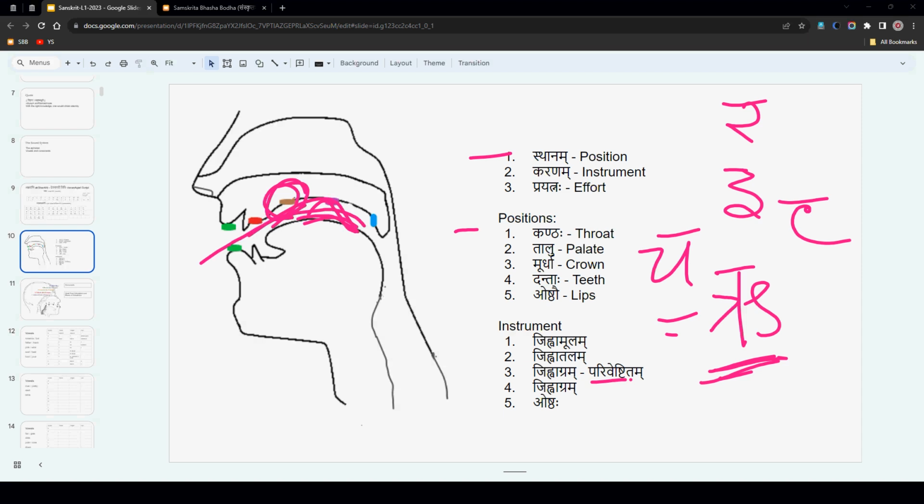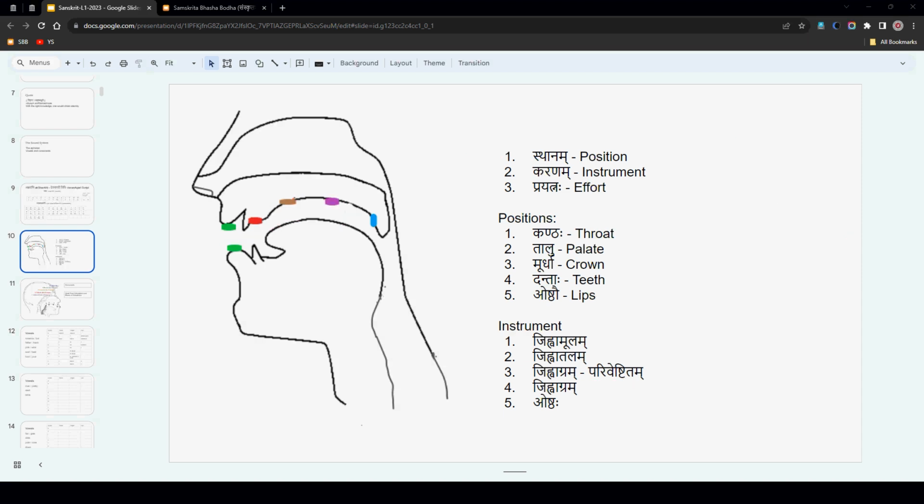When you pronounce Gram, same thing. Krishna, you should be mindful there. So what is here? We are not pronouncing Ra, which is a Vyanjanam, meaning there is a contact. We are pronouncing Ru, which has no contact. It is a Swara, but the place, the position, is here with the rolled tip of the tongue.